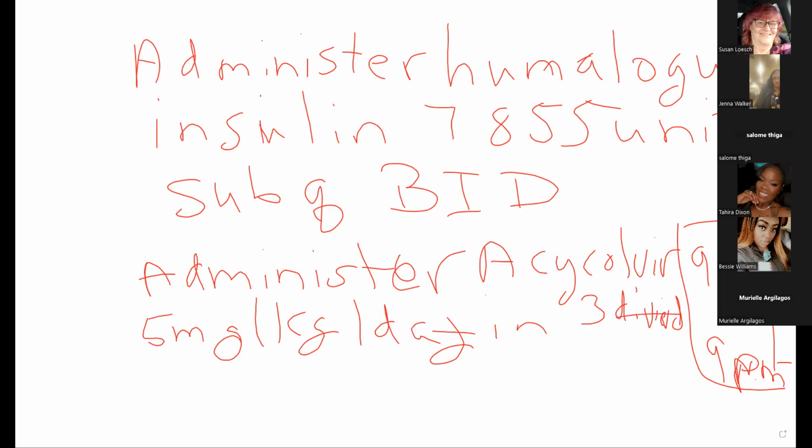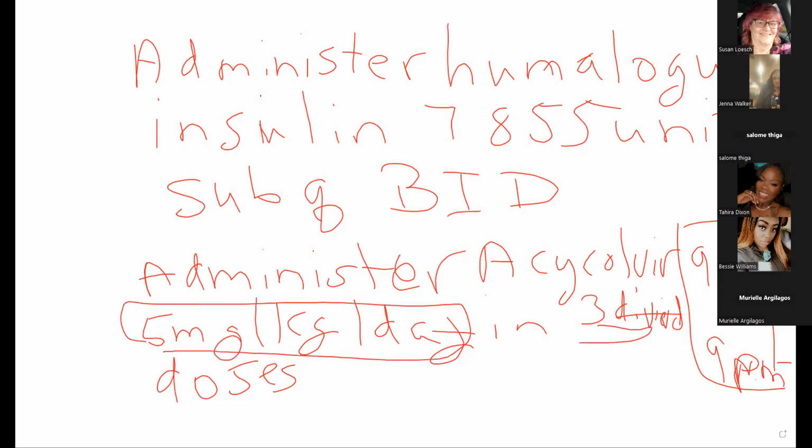You know what that says, divided. So when you read it like this, what it's really telling you is you're going to give this every 8 hours. But before you can even calculate that, you have to calculate the whole daily dose and then divide it out into those 3. And then you would plot it out onto your medication administration record like that.